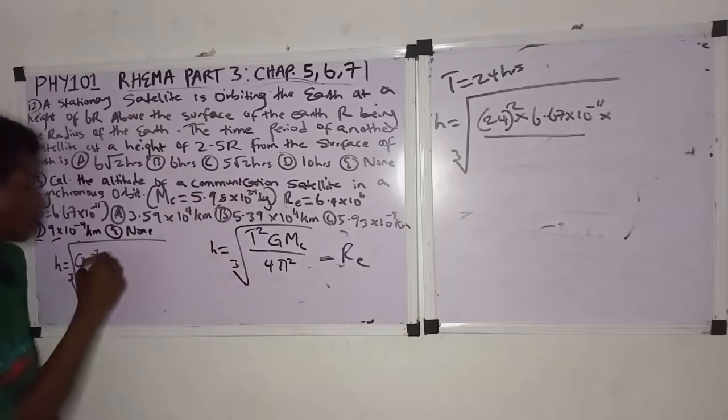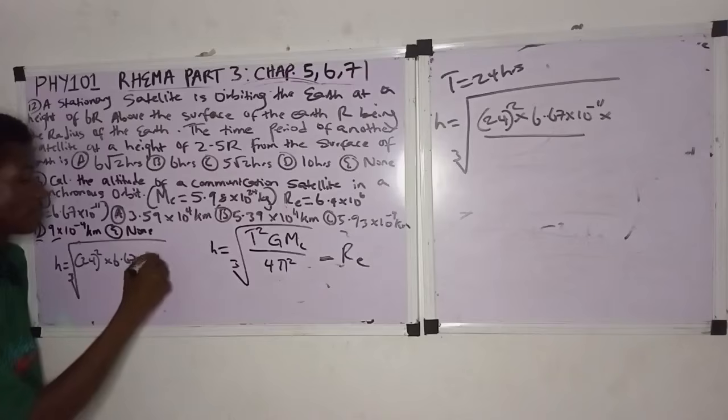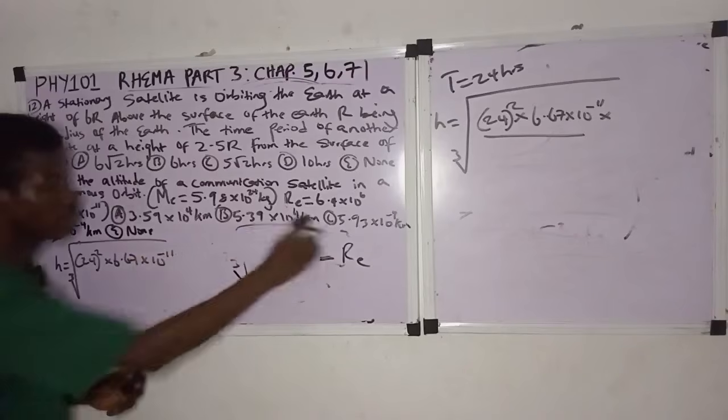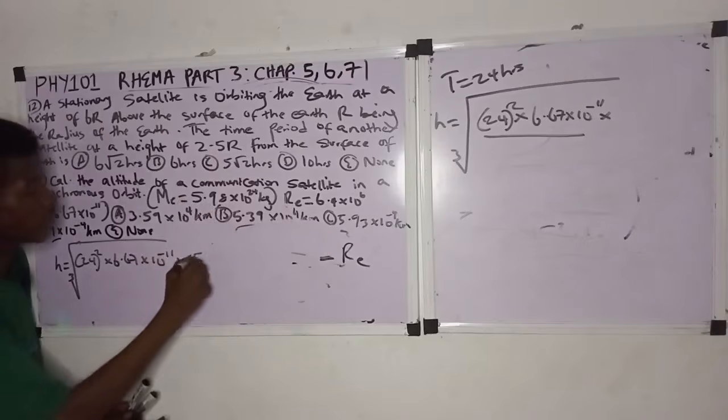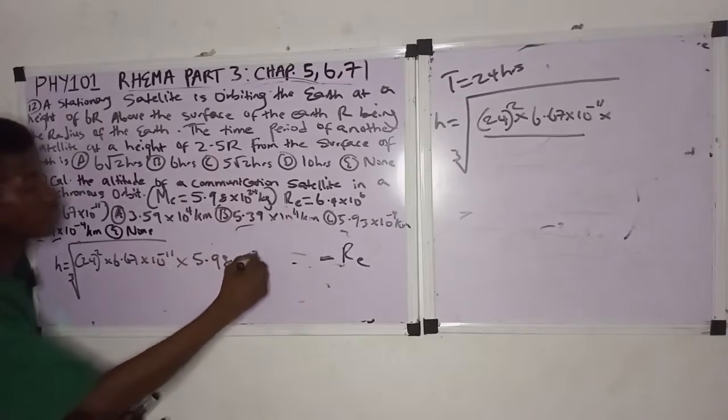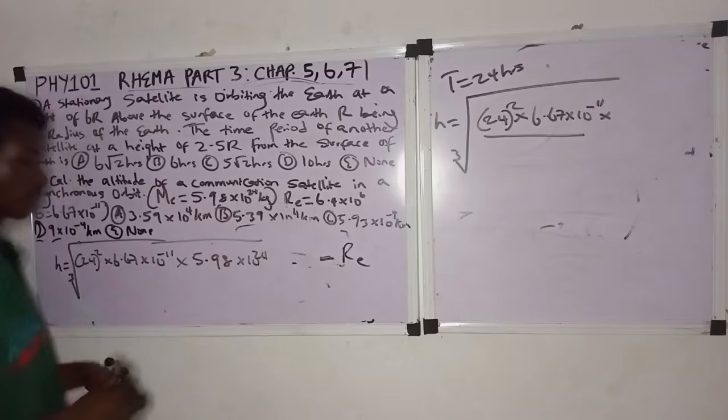Then times G, which is 6.67 times 10 to the minus 11, then times ME, the mass of the earth, which is 5.98 times 10 to the 24. So that is ME.